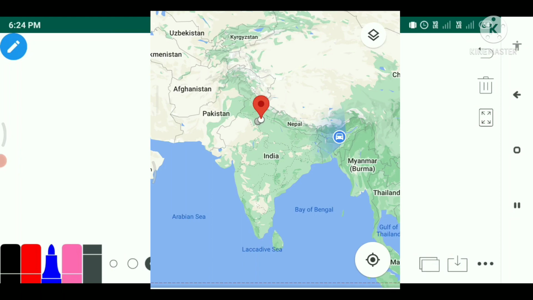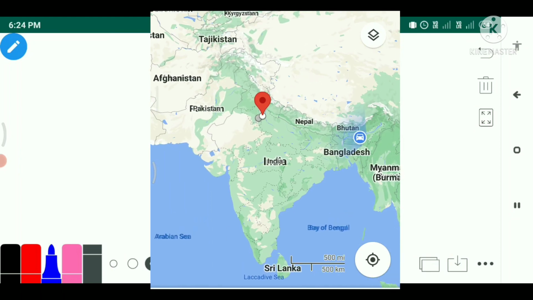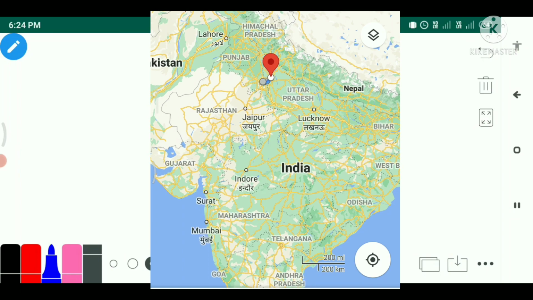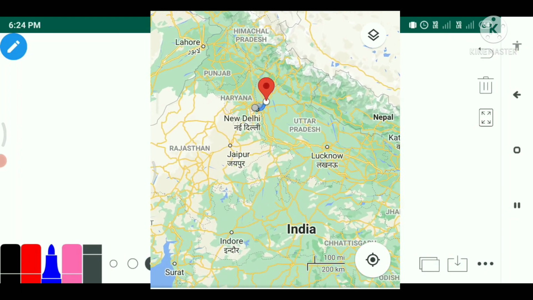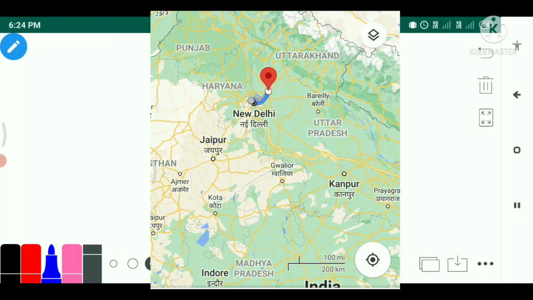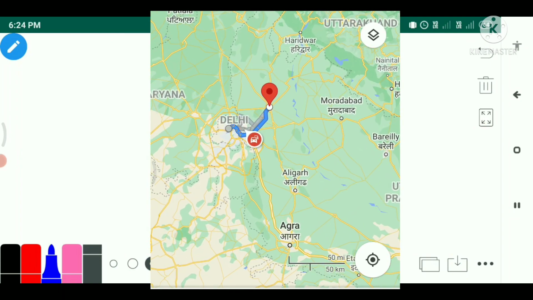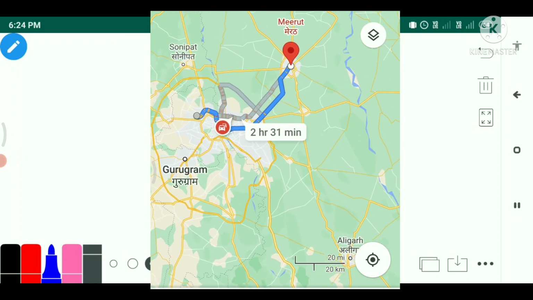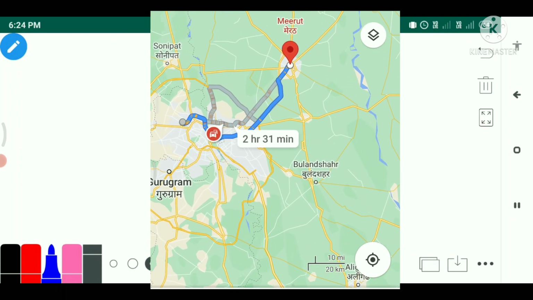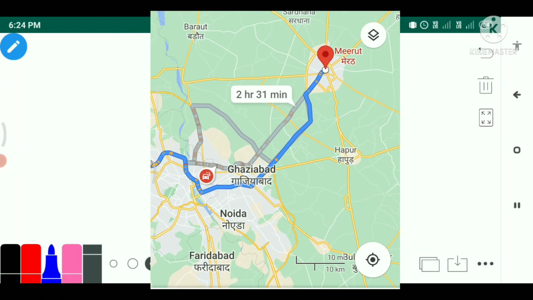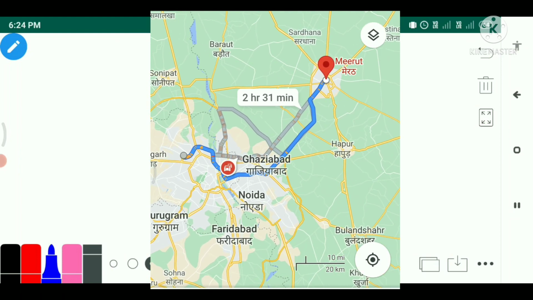So here the distance is given, that from Delhi to Meerut the distance is what? 84 km. Now Manish, he is a long distance runner, so he jogs from Delhi to Meerut, covering 7 km in 1 hour.